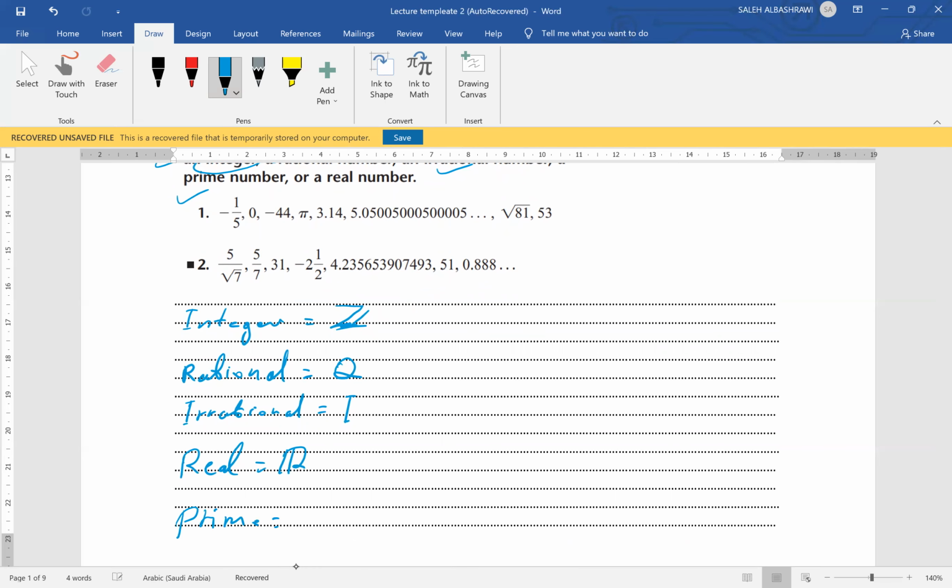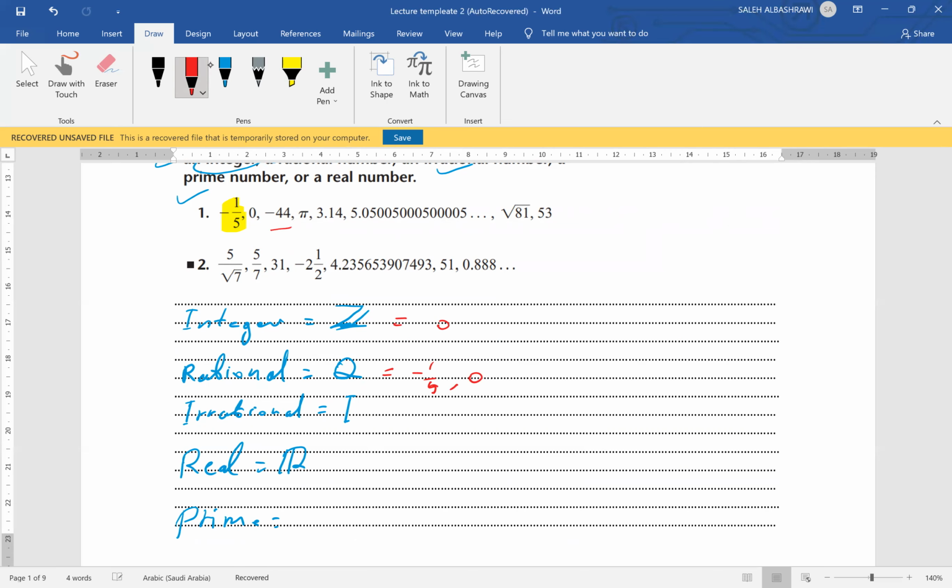Let's see the first number, minus 1 over 5. Is it an integer number? No, it is not. 1 over 5 is not an integer. So minus 1 over 5 is a rational number. 0 is an integer and rational at the same time.